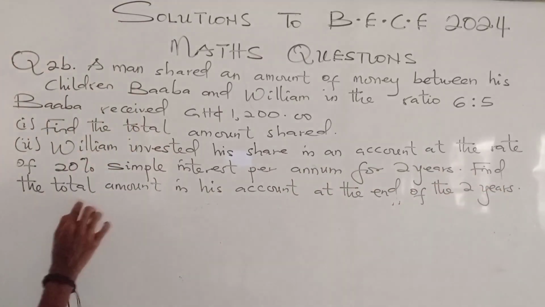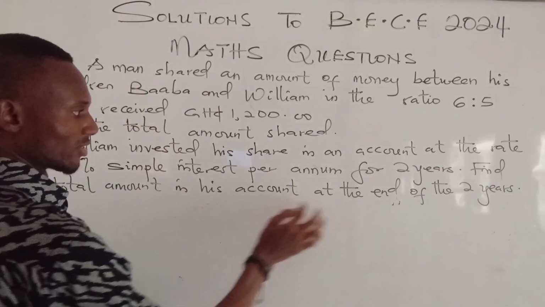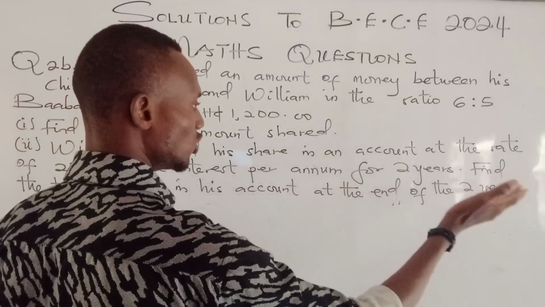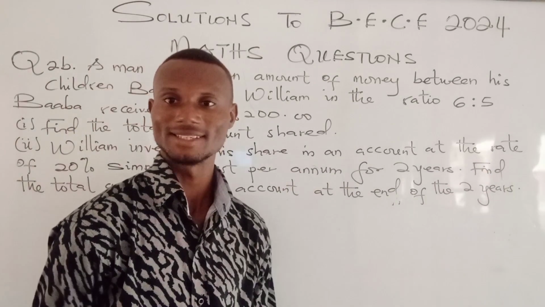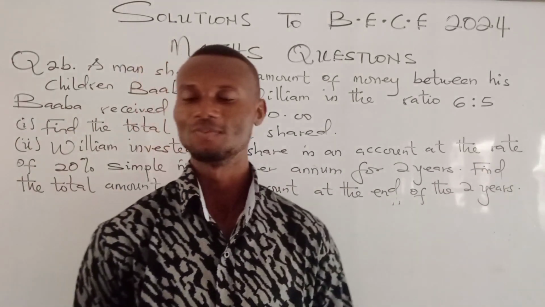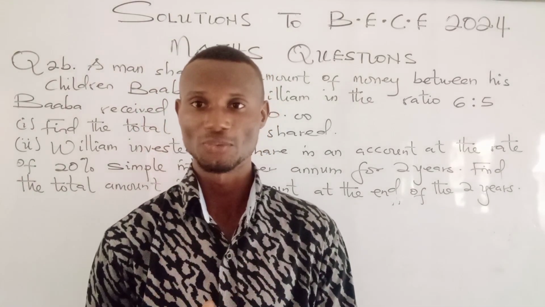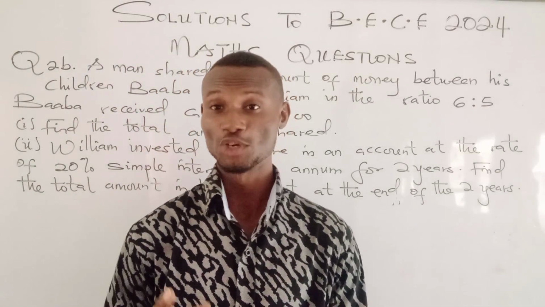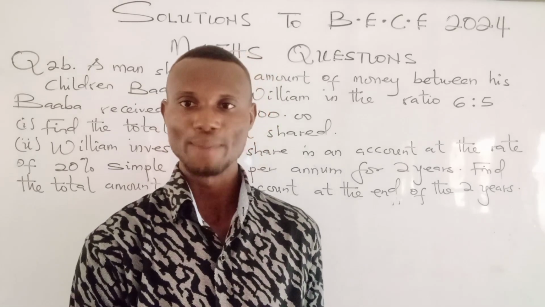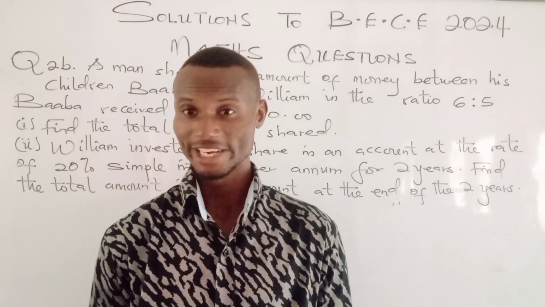Find the total amount in his account at the end of the 2 years. As I said to you, the first part of the question is on ratio and proportion, and the second part of it is on simple interest.